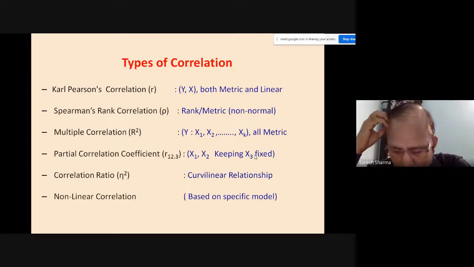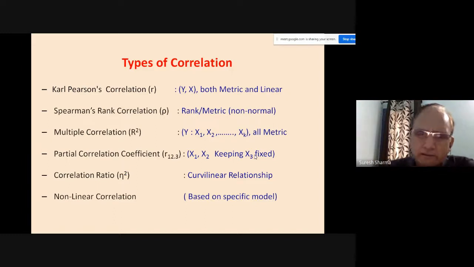Now, we move on to what we mean by correlation ratio. It is not necessary that when we plot x on the x-axis and y on the y-axis, points will be along a straight line. Points may be along a curve also, right?